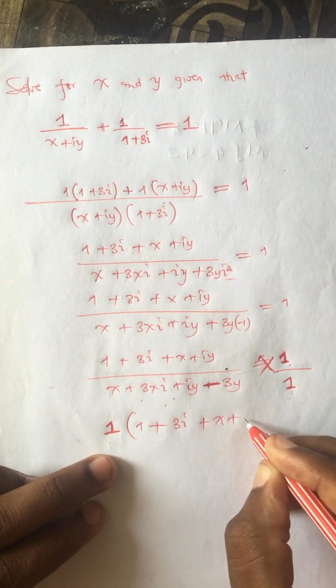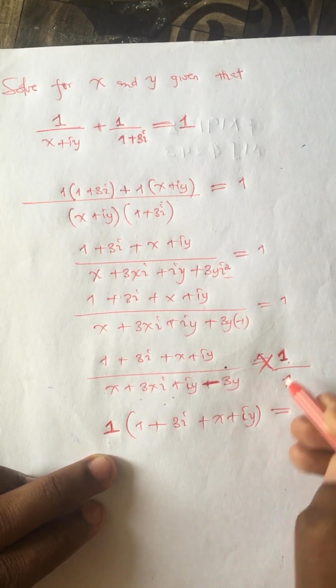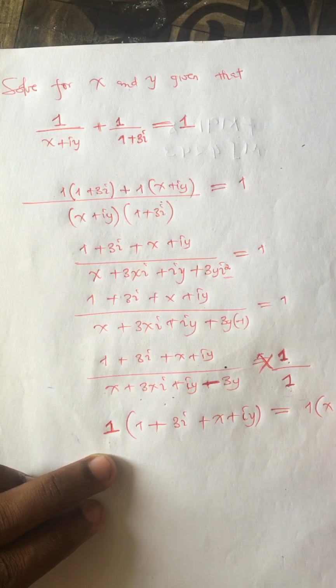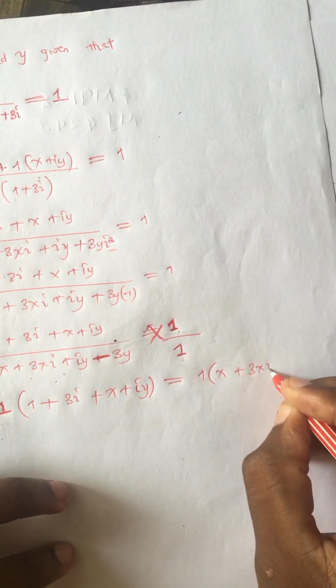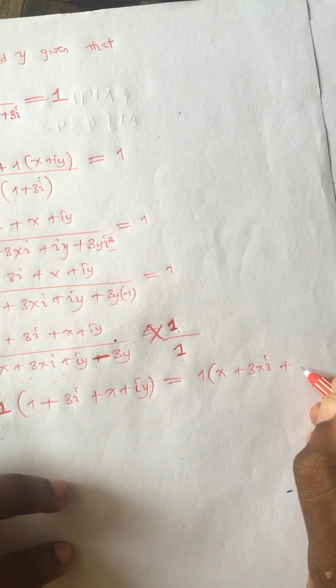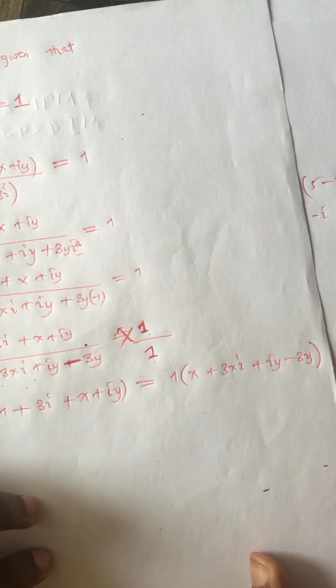x plus iy, which will be equal to, if you multiply this by that, you get x plus 3xi plus iy, then minus 3y, like that.